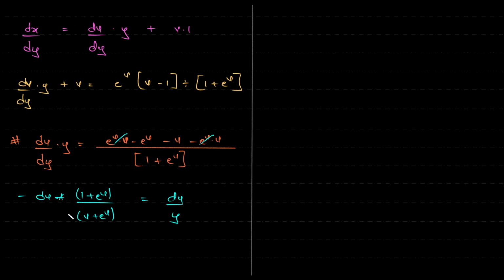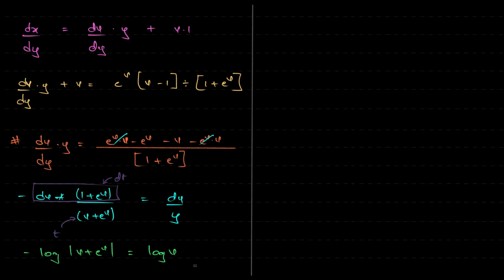So if I use substitution method, this will be t and this entire expression will be dt. So I'm not going to do that. If I take this as t, this entire expression will be dt, and the negative one will not get affected. So basically this would be minus of log of v plus e to the power of v is equal to log of y. Oh, sorry.